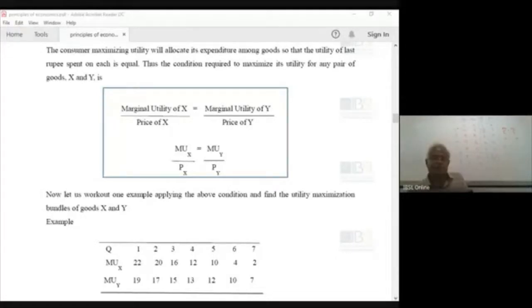Get the table, then calculate MUX over PX and MUY over PY. Then find out the point where these two are equal. The corresponding quantities are the utility maximizing ones. You get maximum satisfaction if we consume 2 of X and 6 of Y.